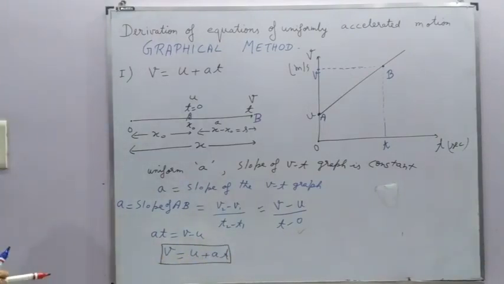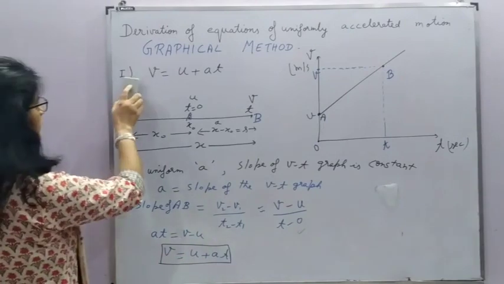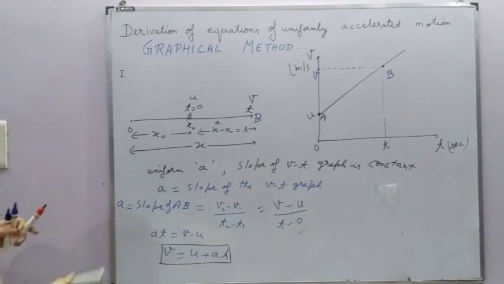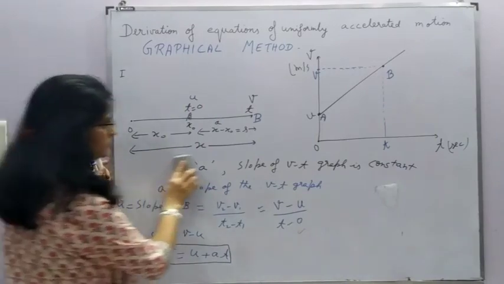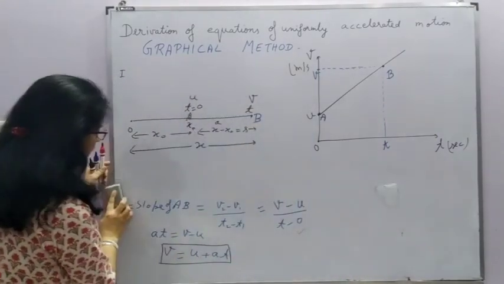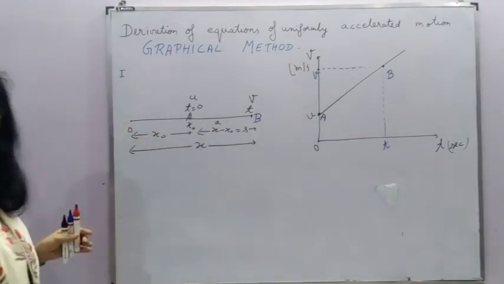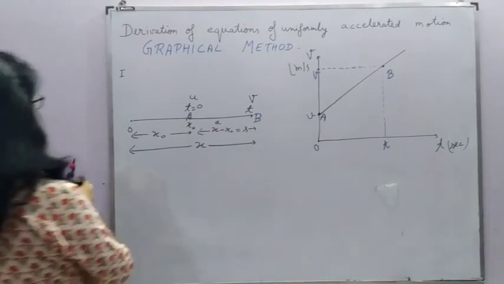Now let's move on to the second equation of motion. The second equation of motion is s is equal to ut plus half at square.